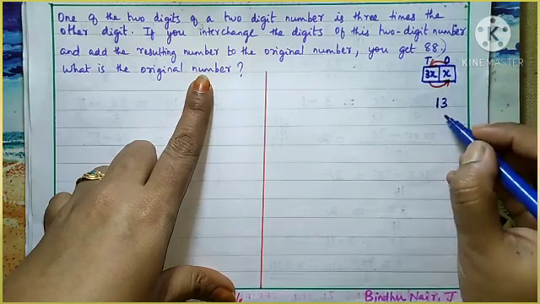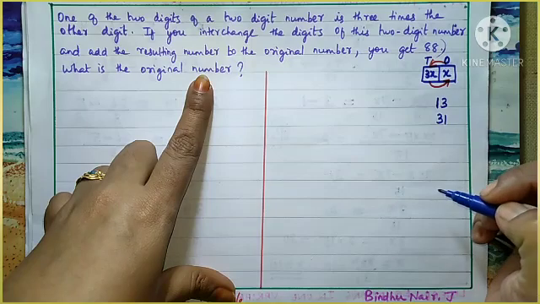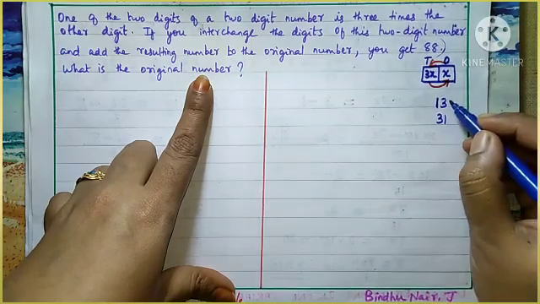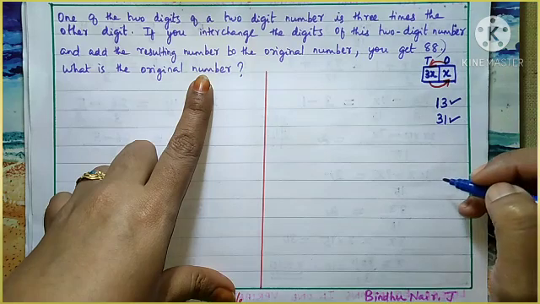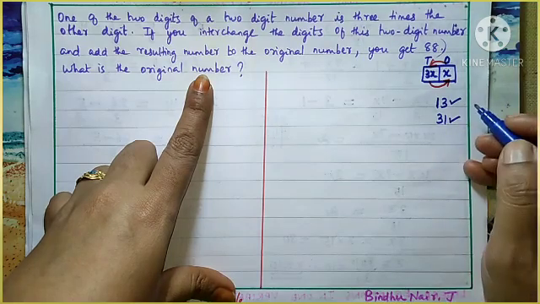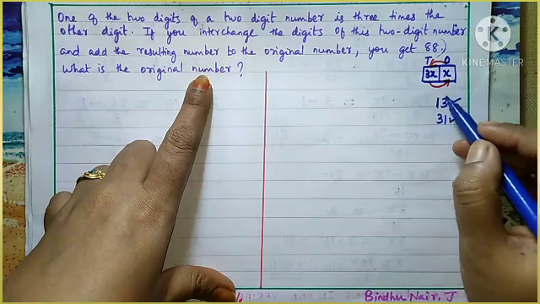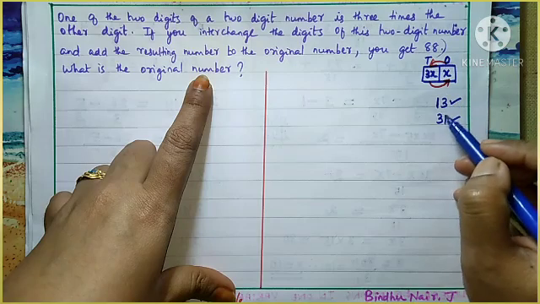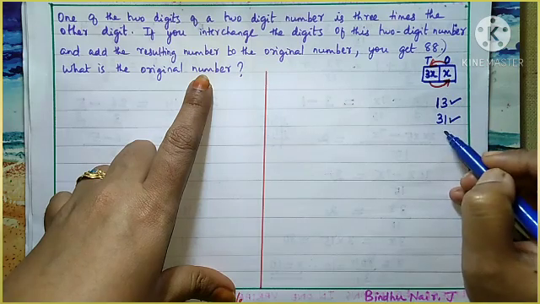It becomes 31. So this is the original number and this is the resulting number. Resulting number means the new number formed after interchanging. Understood? So 13 was the number and when the digits are interchanged, it became 31.